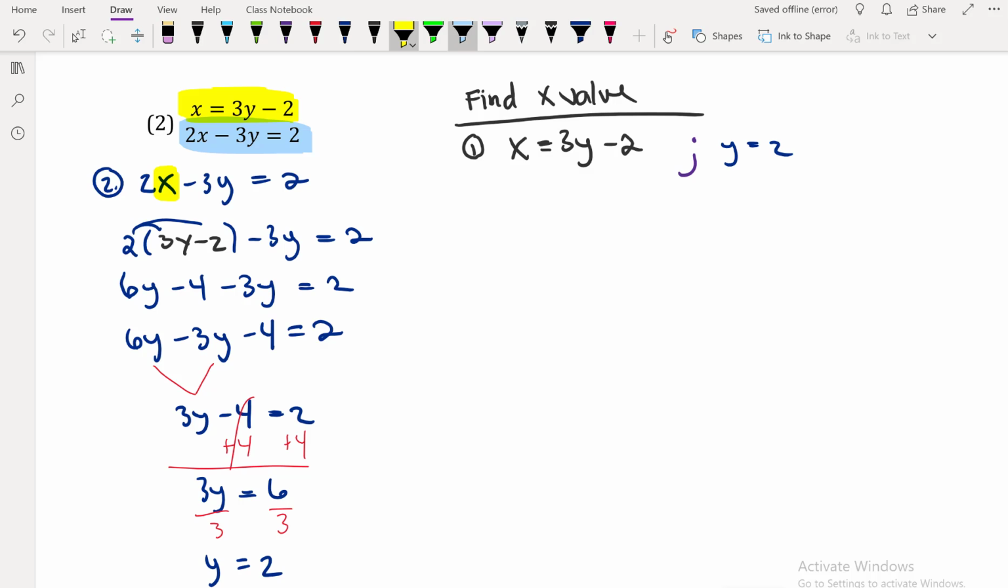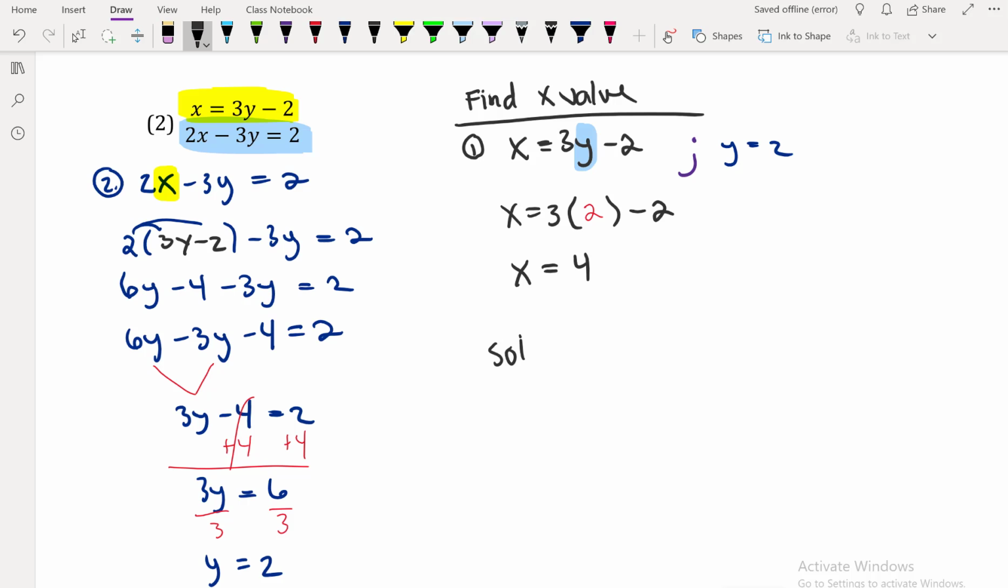So I know that I'm going to plug that into my y variable here. So x is equal to 3, my y value, minus 2. That y variable that I'm plugging in is 2. So I get x is equal to 6 minus 2, which is 4.